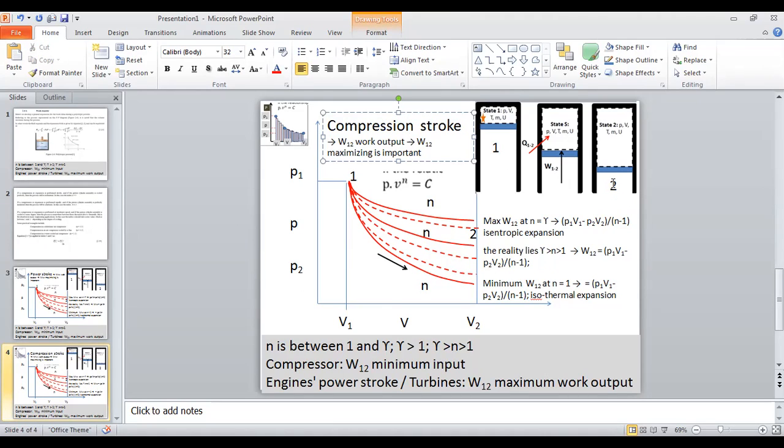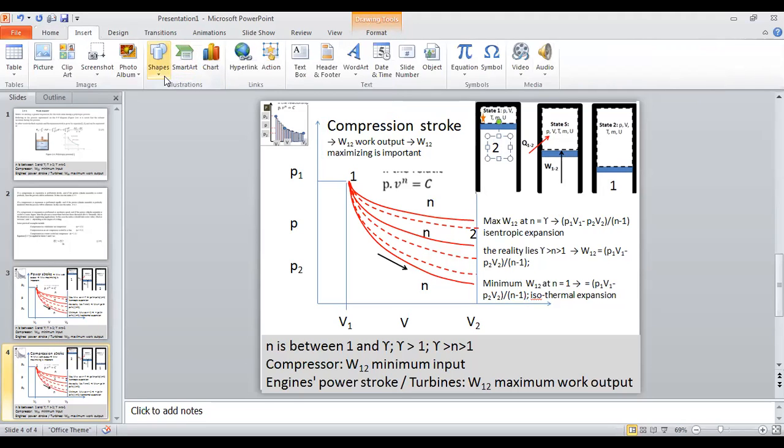Okay, compression. So this final becomes 1, the bigger volume. The smaller volume becomes 2. W12, a work is done towards here. And of course, there can be a heat interaction. So I draw just over here.